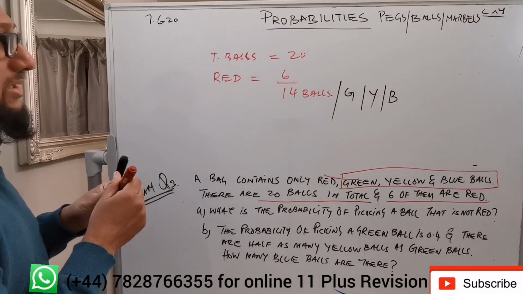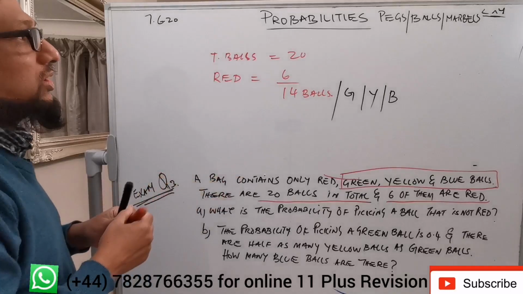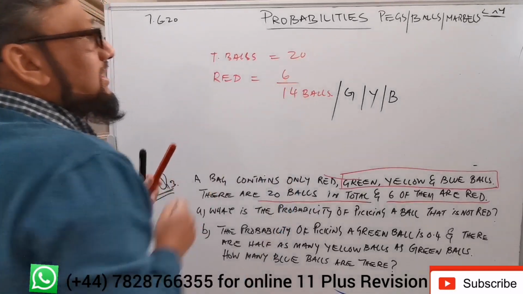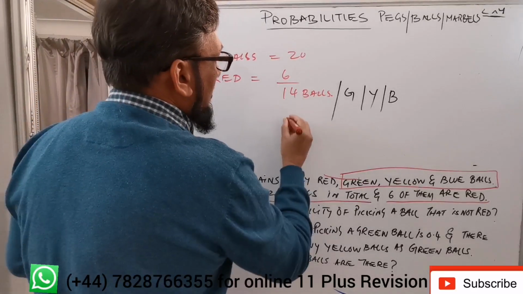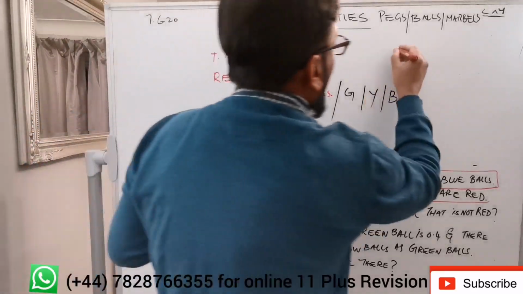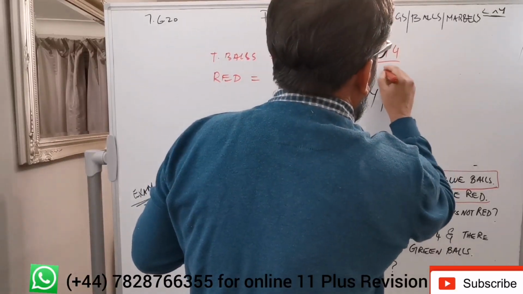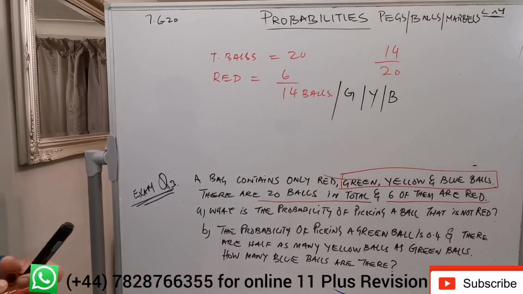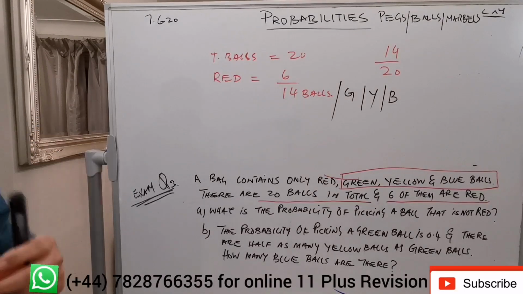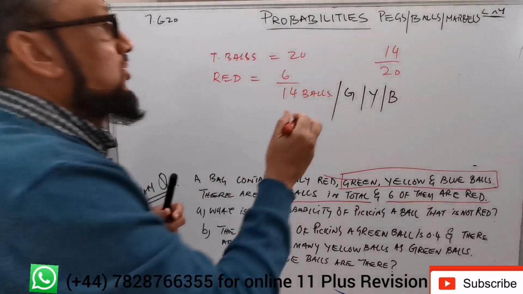So the outcome you want, which is 20, take away 6, which is 14. So 14 out of the total possible outcomes, 20.